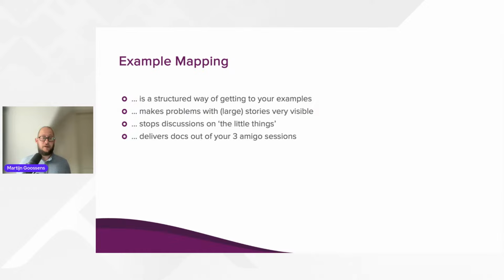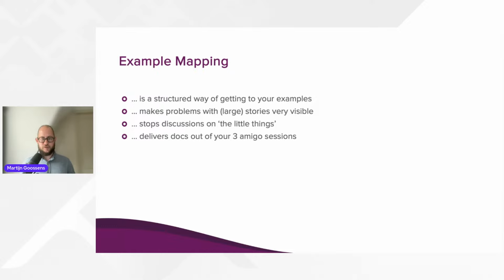Example mapping is a structured way of getting to examples of your requirements. It also makes problems with large stories very visible, and people are visual thinkers. So I think that's also very helpful. And if that is very visible, then we can also create smaller snippets of user stories.